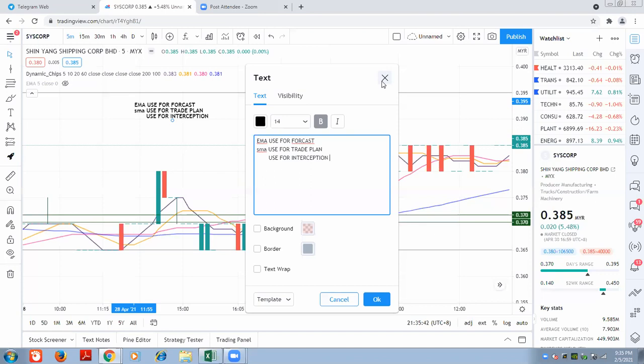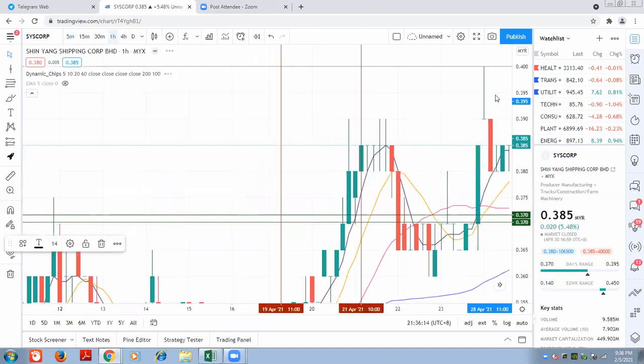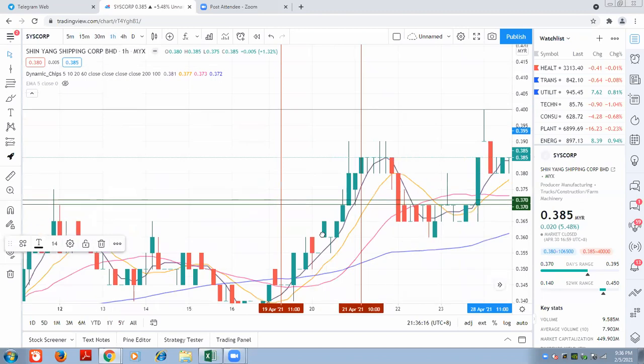If you have mixed stocks, let's say one or two stocks you use to swing, that's different, you can use EMA for that. If you are an intraday trader, you use the SMA line with the 1 hour chart. So for those who are intraday, please use the 1 hour SMA line to set up the trade plan.